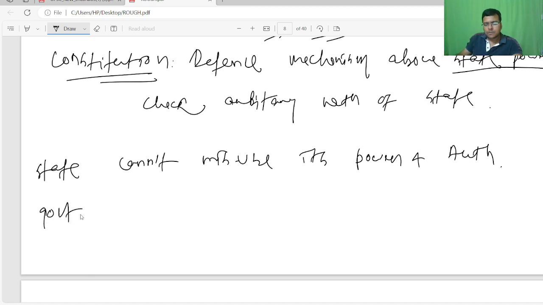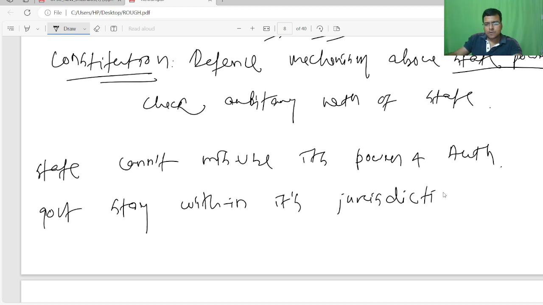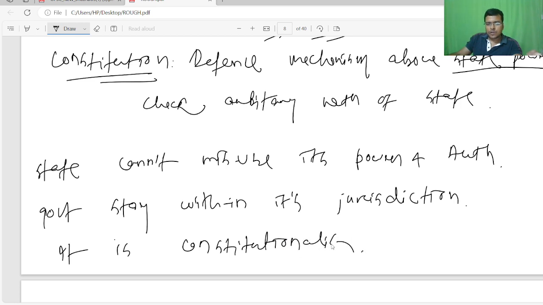Government stays within its jurisdiction. It is constitutionalism.